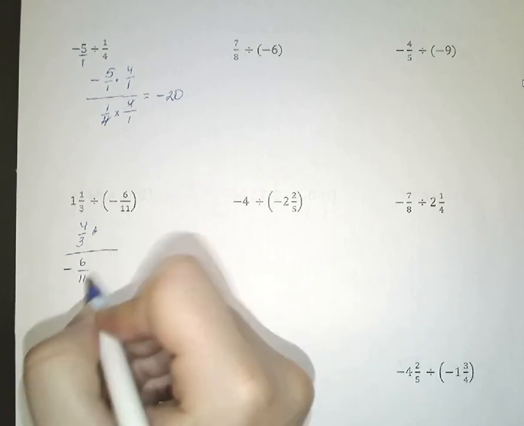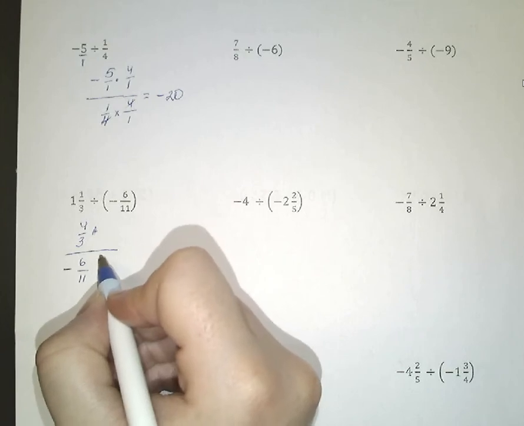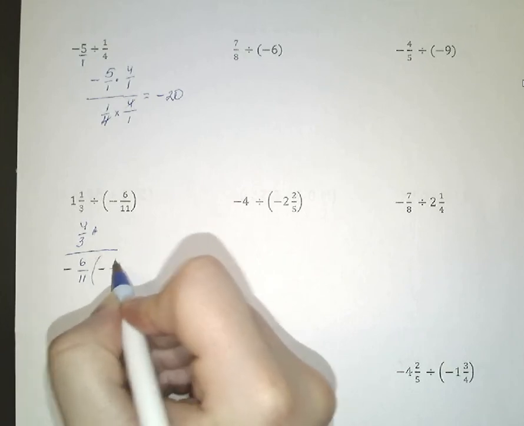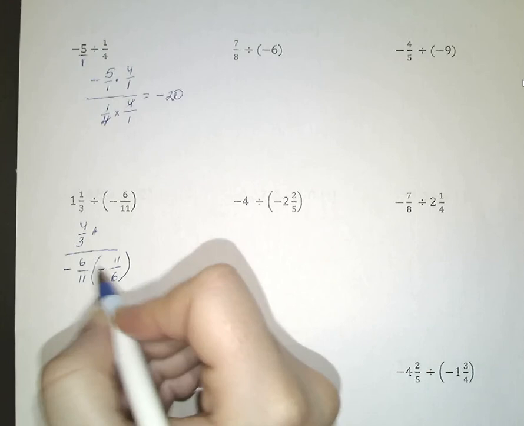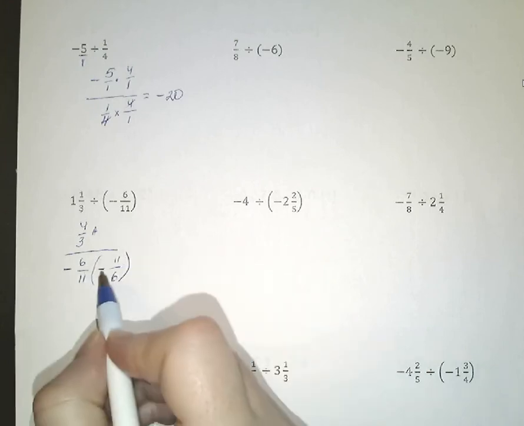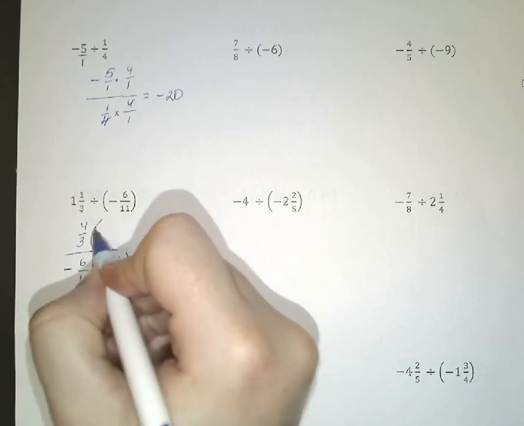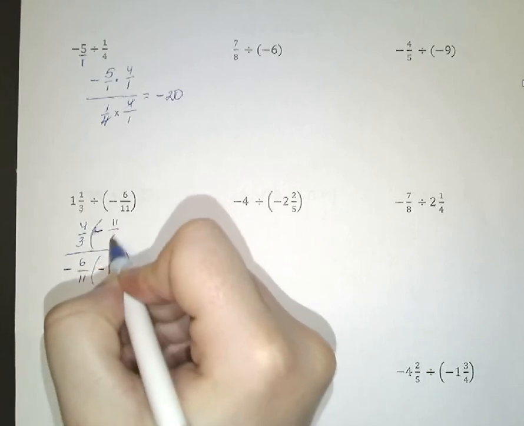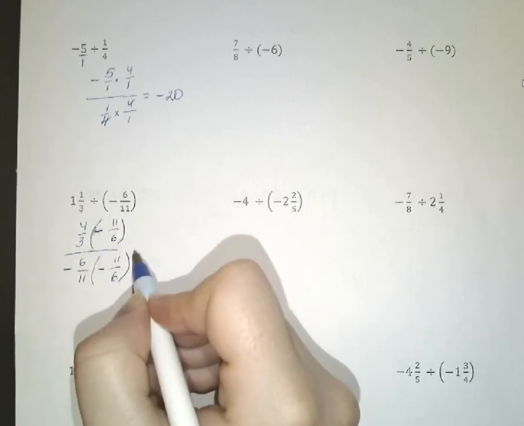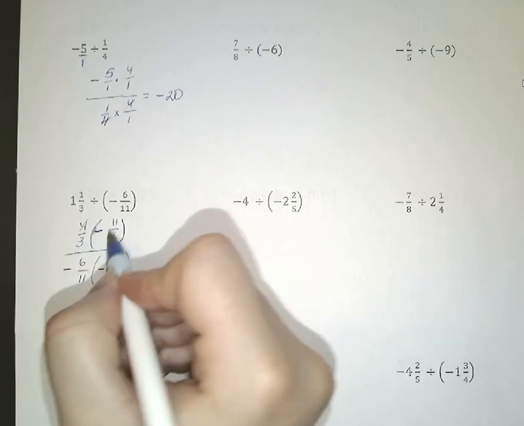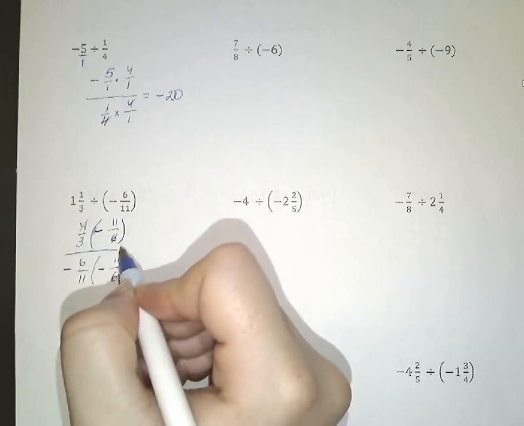You want to get rid of the denominator, so we're going to multiply it by negative 11/6. See how we are keeping the sign? That is very important that you do. Multiplied by negative 11/6.